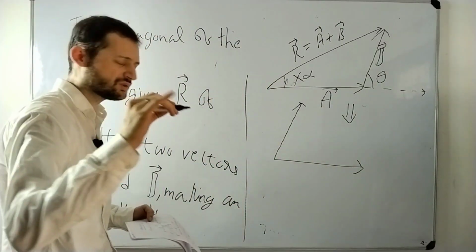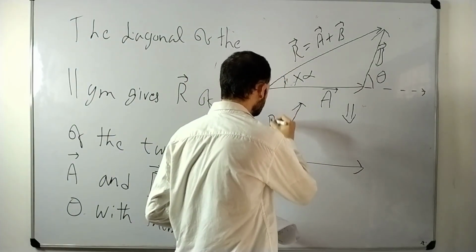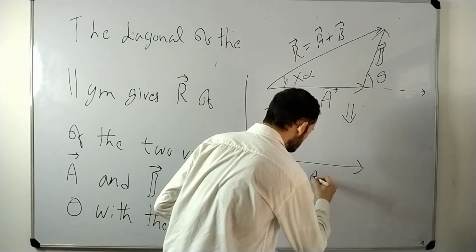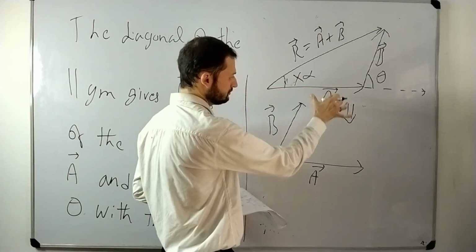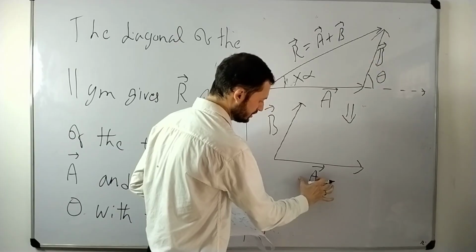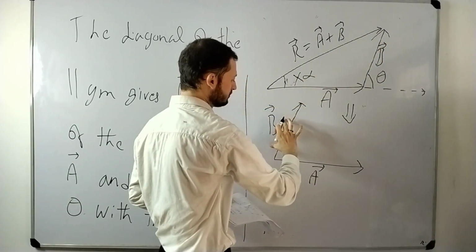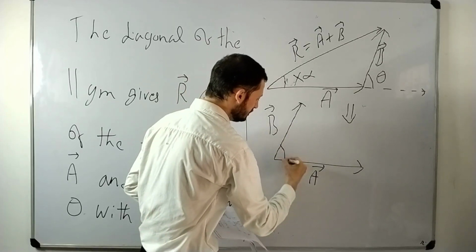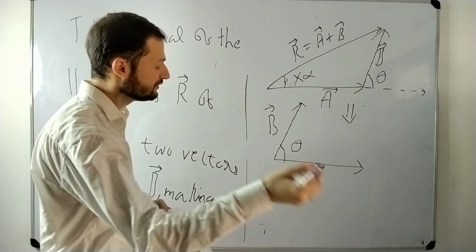Not much to the point you are thinking. A vector is being transported to here, and B vector from here is being transported to here. So it makes this angle theta. So you would ask, where did alpha go?